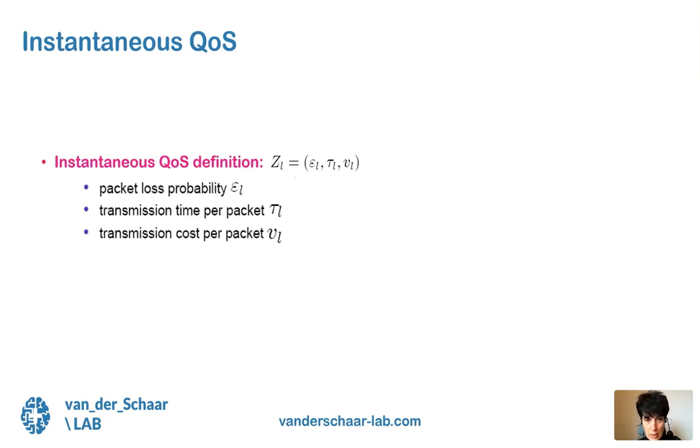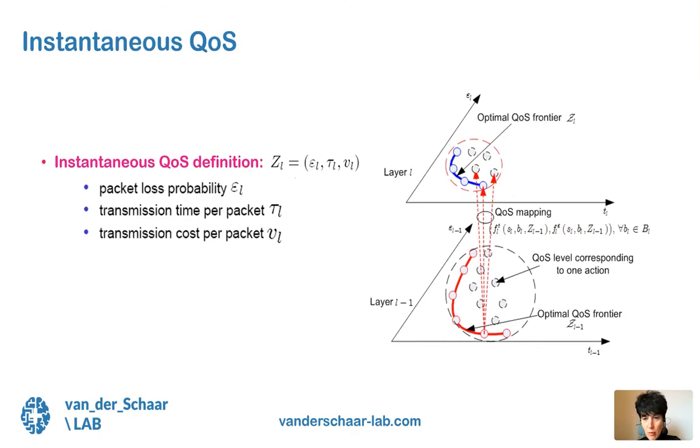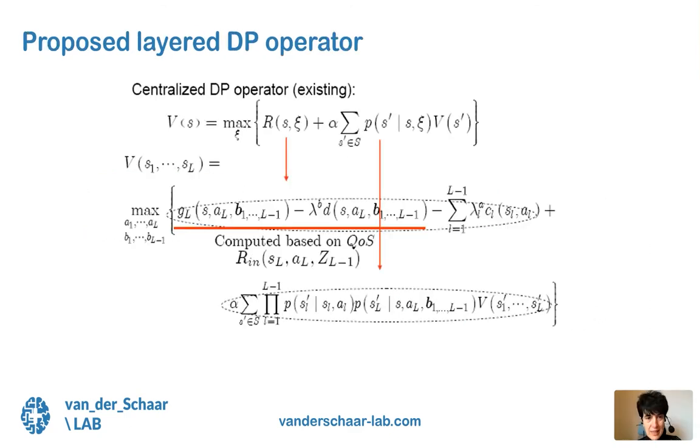So it is this instantaneous quality of service information that's provided by the lower layers to the higher layers. And then the higher layers are going to determine the value function and the Q function associated with these different QoS frontiers and select the one that is going to lead to the best value function or Q function.